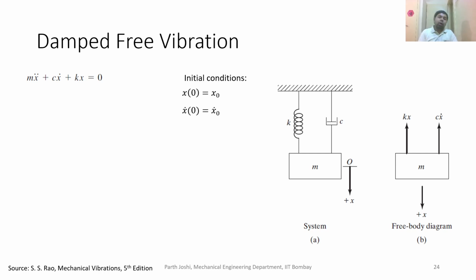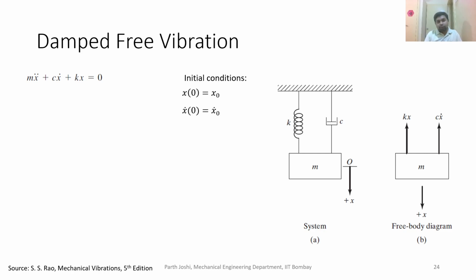So how do we solve this differential equation? To solve it, we can use the classical calculus method, or we can apply the Laplace transform. You're right. It's a second order linear ordinary differential equation with constant coefficients.